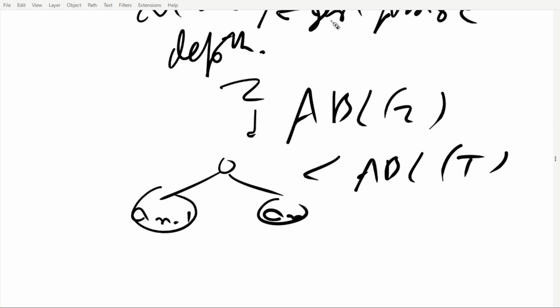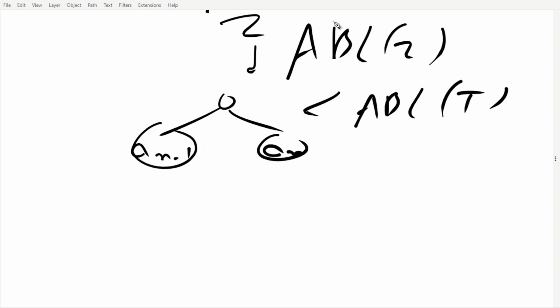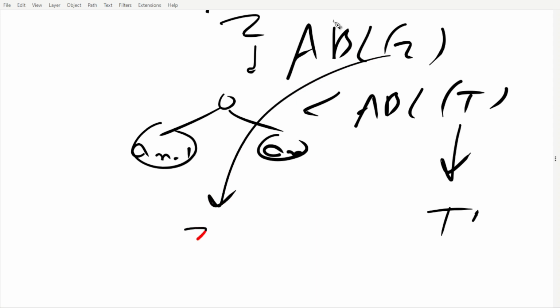So now what we do is, from T we make T prime and compare the average bit length, and from Z we make Z prime.